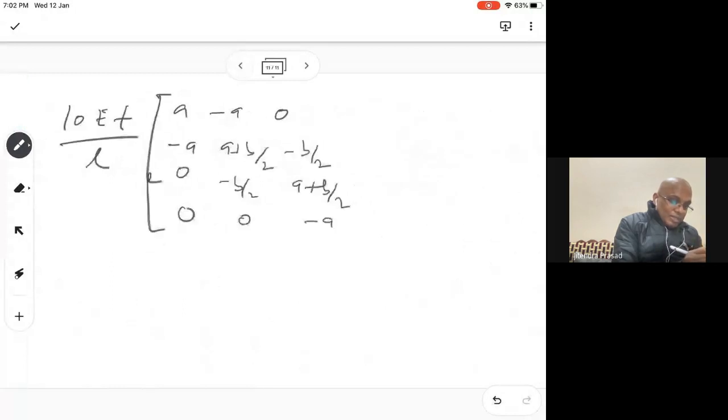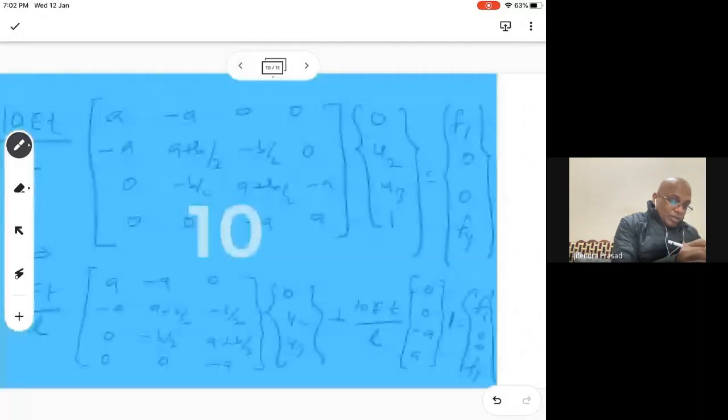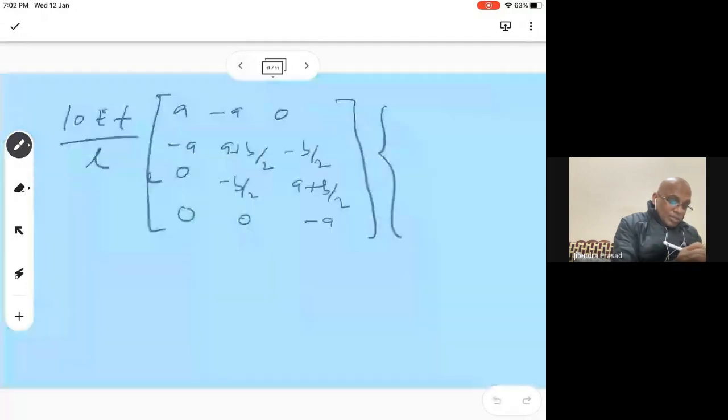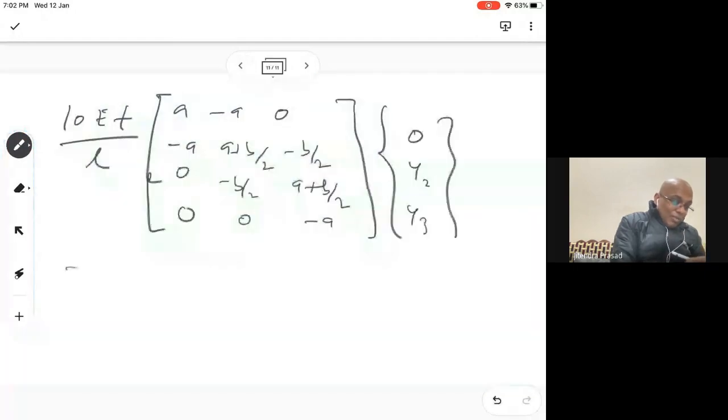So we have this, and then multiplied by 0 u2 u3, right, is equal to, now we will write here what we had.